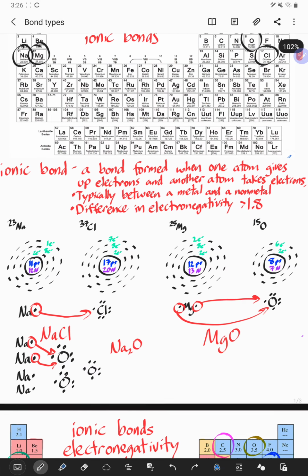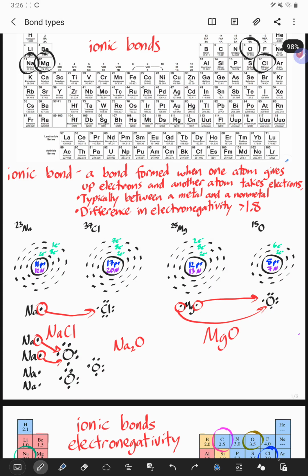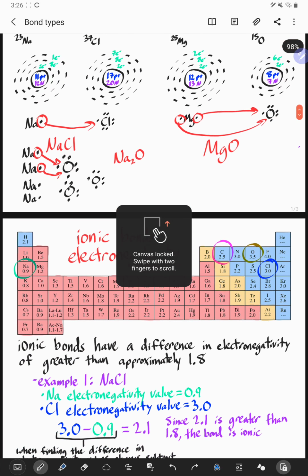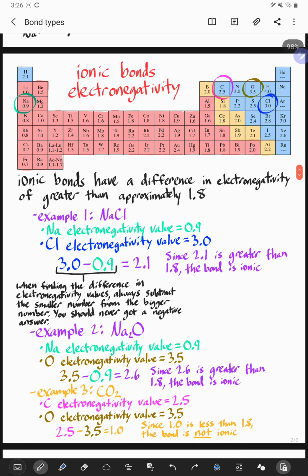So I pulled up a different periodic table that, instead of showing the atomic number, since we don't need the atomic number for this, shows just the electronegativity values. It looks a little bit more clean, where it shows you the electronegativity value and the element symbol.